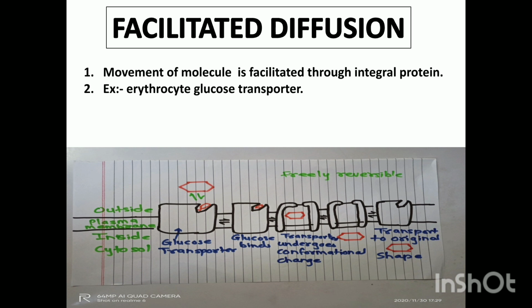That means when glucose binds, the protein undergoes conformational changes, and this whole process is freely reversible. When the glucose binds to the transporter, the transporter undergoes conformational changes, and when the glucose diffuses into the cytosol, the transporter returns to its original conformation as it was earlier.